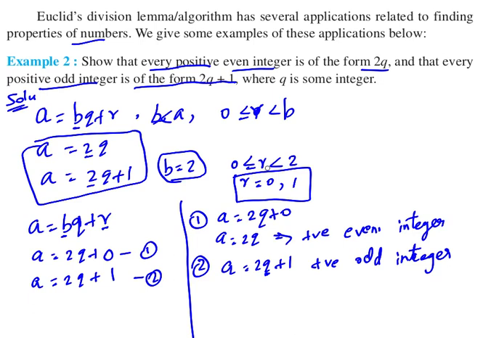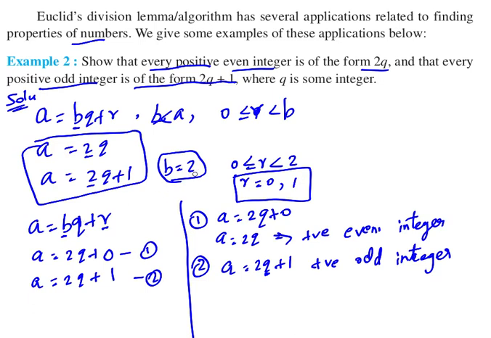So r equals 0, and greater than 0 means we can put 1 also, but it should be less than 2. So we should not take the value 2 for r. So the value of r will be 0 or 1.